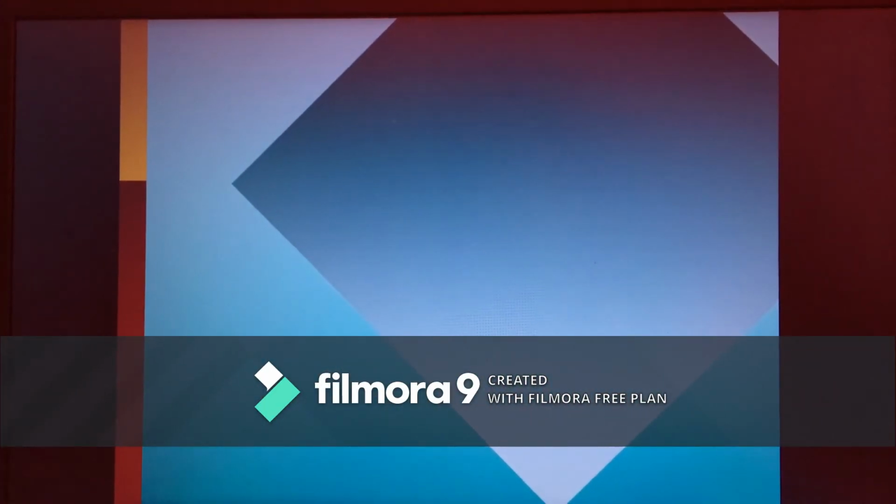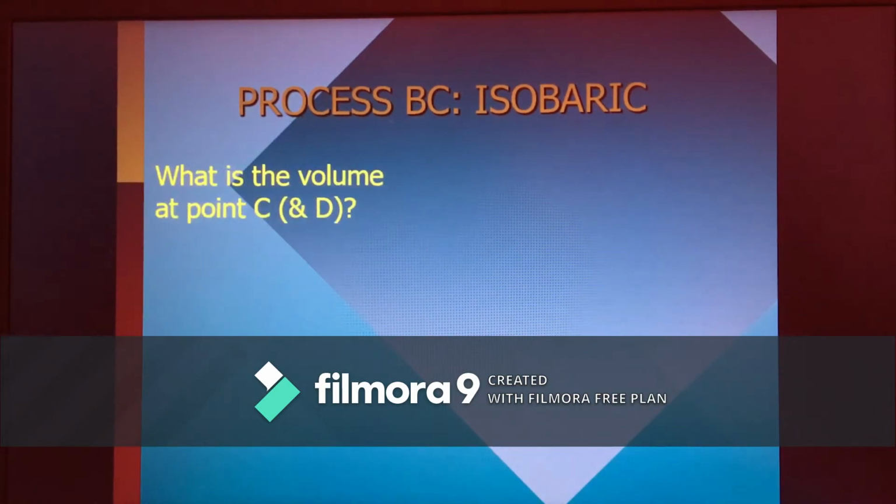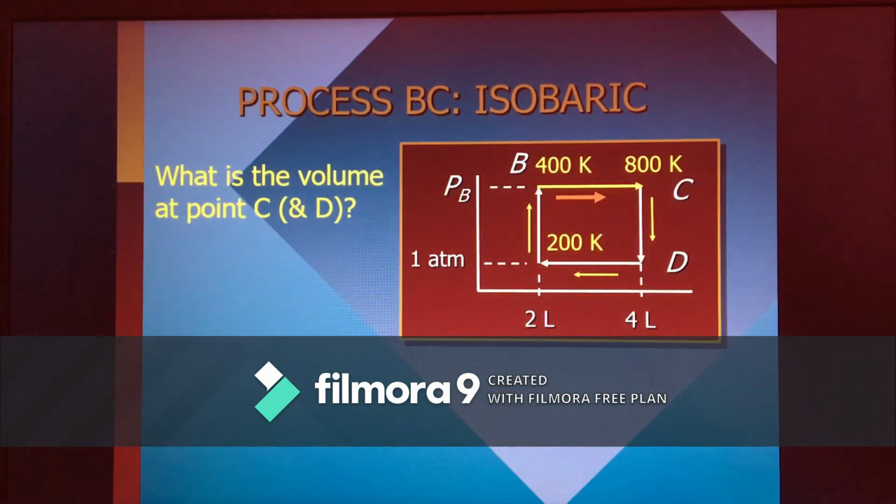Now let's continue to the next process, from point B to point C. We can see from our illustration that the pressure is constant from point B to point C. So the question is, what is the volume at point C and point D?